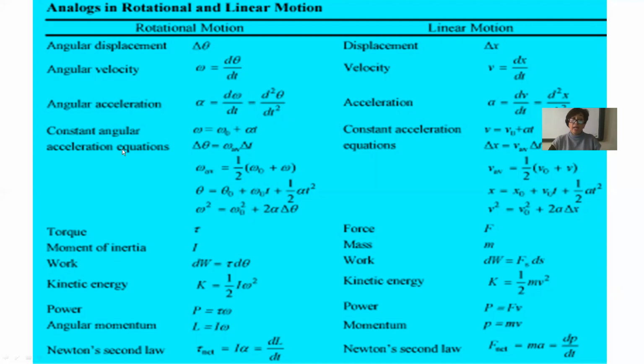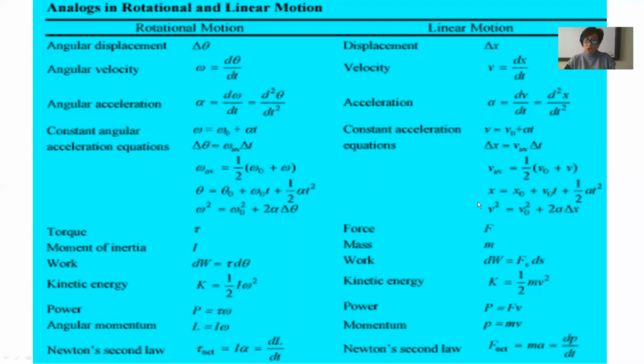Here are the constant angular acceleration equations, the analog of the constant acceleration equations. Theta equals theta 0, the initial angle, plus omega 0 t, plus 1 divided by 2 angular acceleration t squared. The analogous equation in linear motion is x equals x0 plus v0 t plus 1 divided by 2 a t squared.